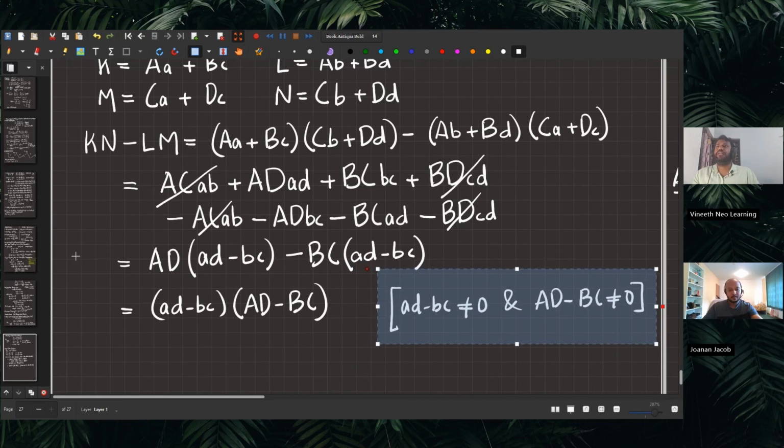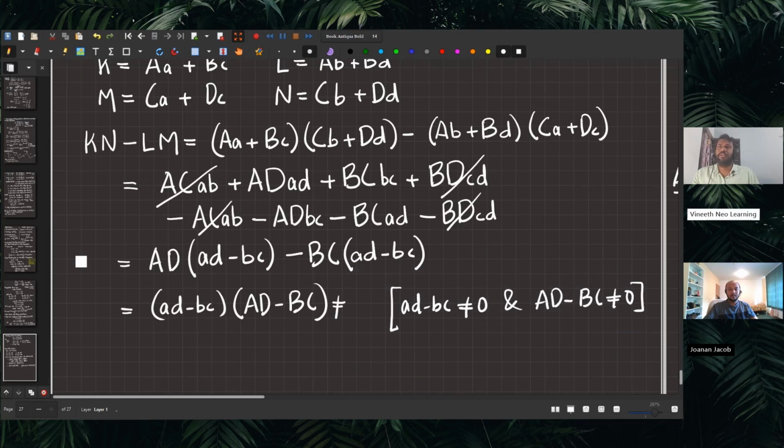This is not equal to 0 because of that reason. Therefore kn minus lm is not equal to 0 and the transformation is an affine transformation.